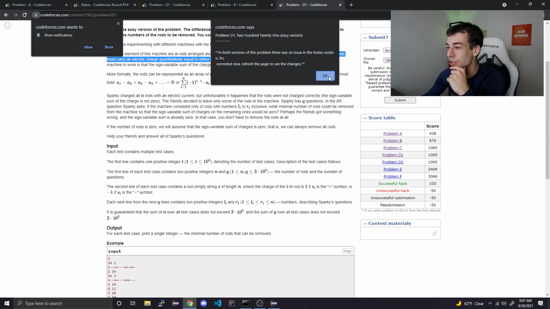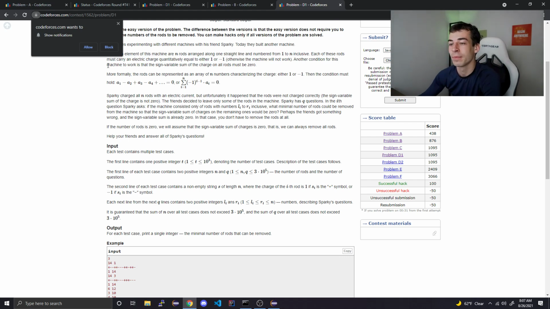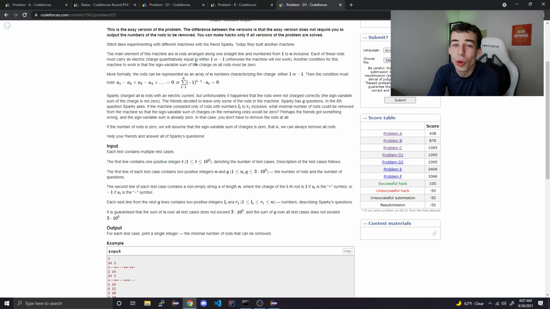In both versions, there was an issue with the note section. Okay, listen. Quantitatively equal. What a great writer. I love it. No, actually, it's a good contest. The problems are interesting. I've actually liked it. I'm sorry for disrespecting the problems. So just don't guarantee things, and quantitatively equal. That's great. All right, I'm gonna start using that.